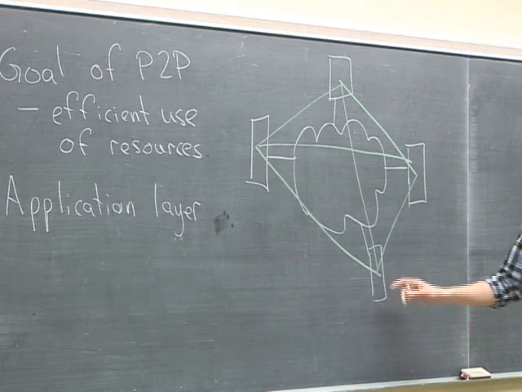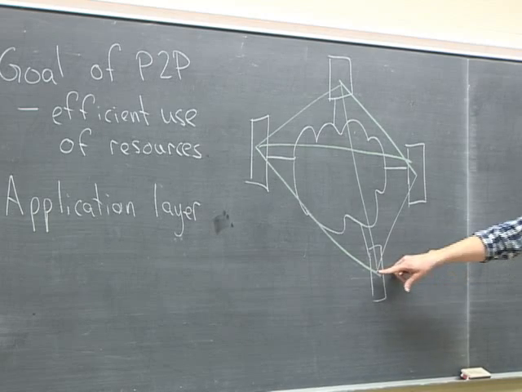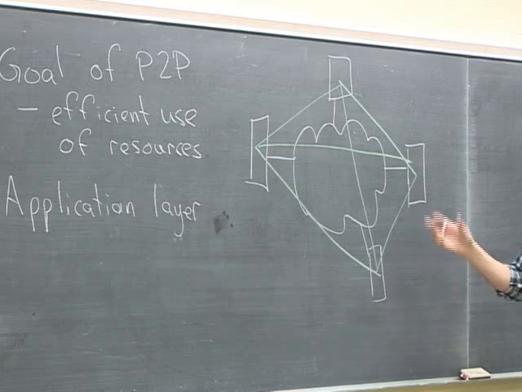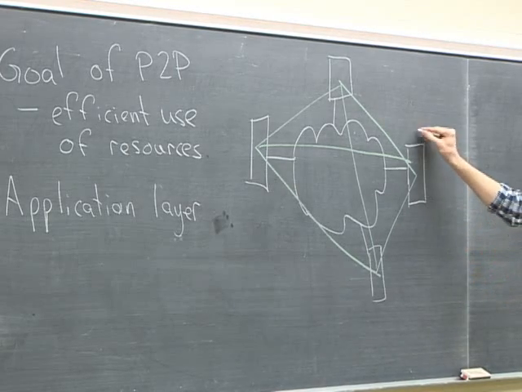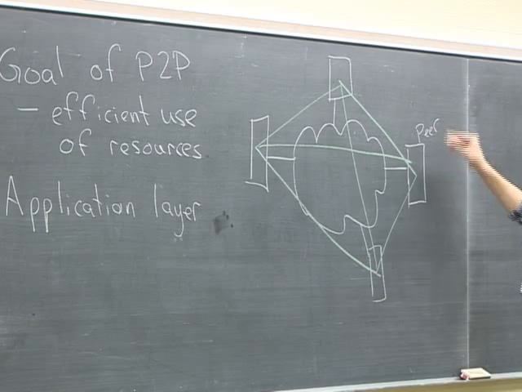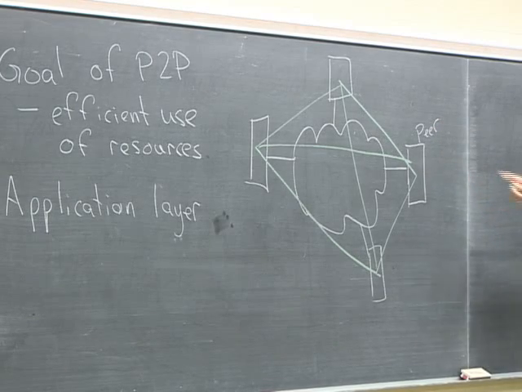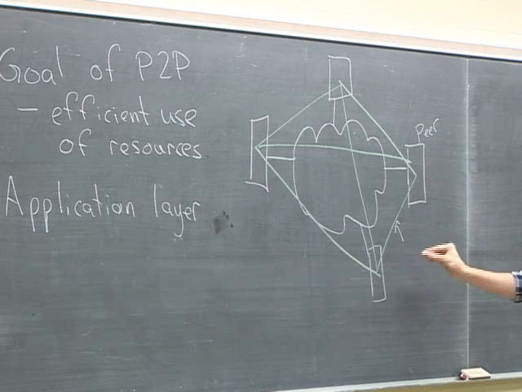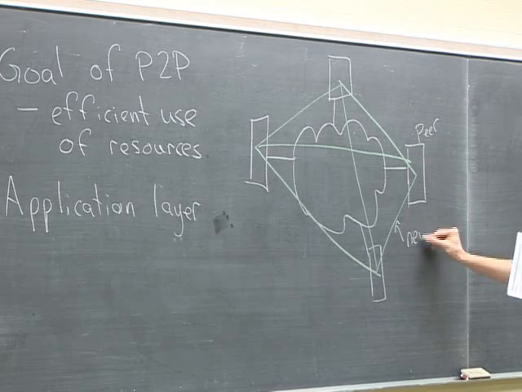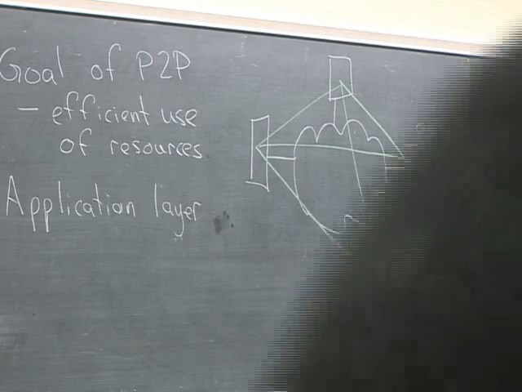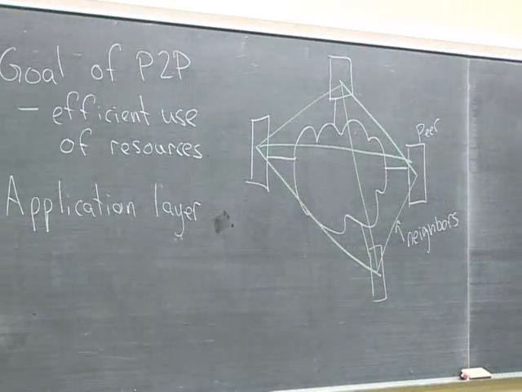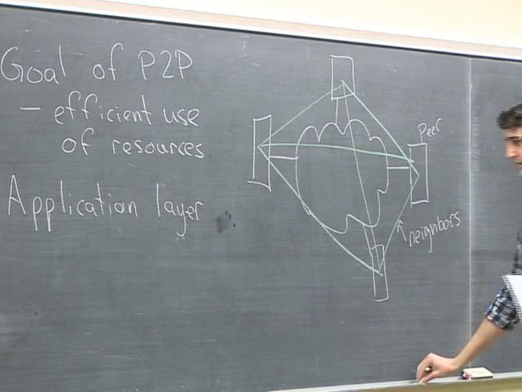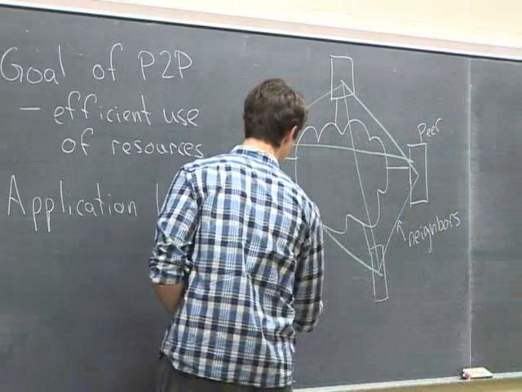And so when there's this logical application layer link between two peers, we say that they are neighbors, okay? So each end host in our peer-to-peer system is called a peer, and if two peers are connected, then they are neighbors, okay? So that's just some basic terminology. And this whole green logical network is called an overlay network.